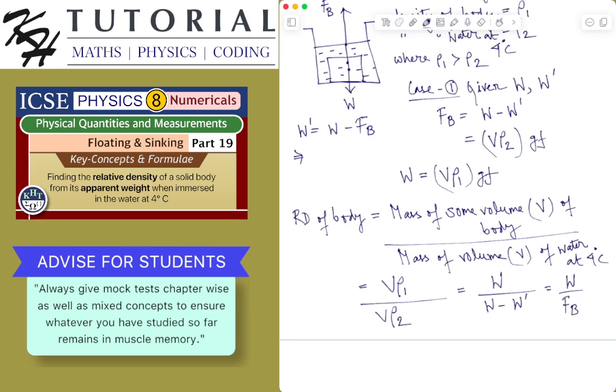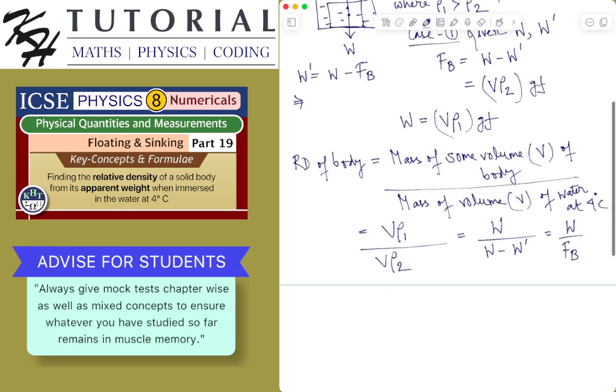So this is basically the formula for finding the relative density of a body which is denser than water at 4 degrees centigrade.